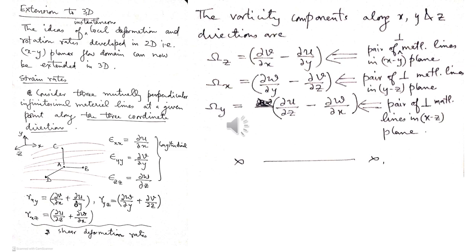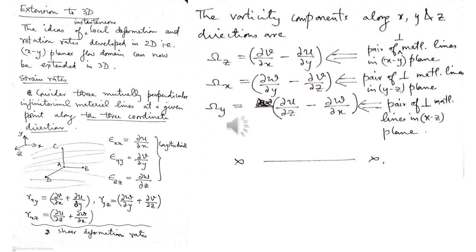And its value, by analogy, should be del w del z. w is the z component of velocity. So these are the three longitudinal strain rates that must be employed to characterize the strain rate of an infinitesimal material line oriented in any direction in space in 3 dimensions.